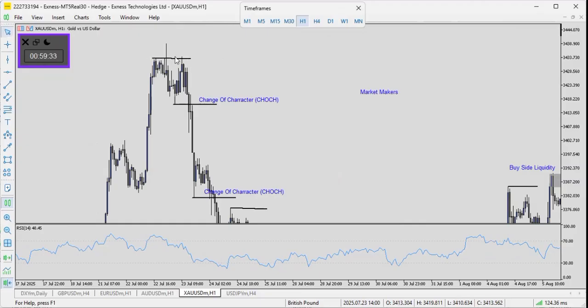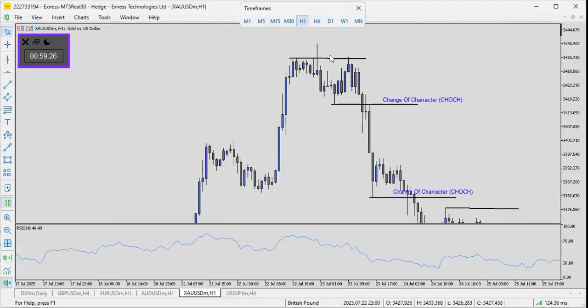The resistance was taken out by this particular candle and then closed below, meaning that buyers who are not patient just enter, boom, and this market came down.